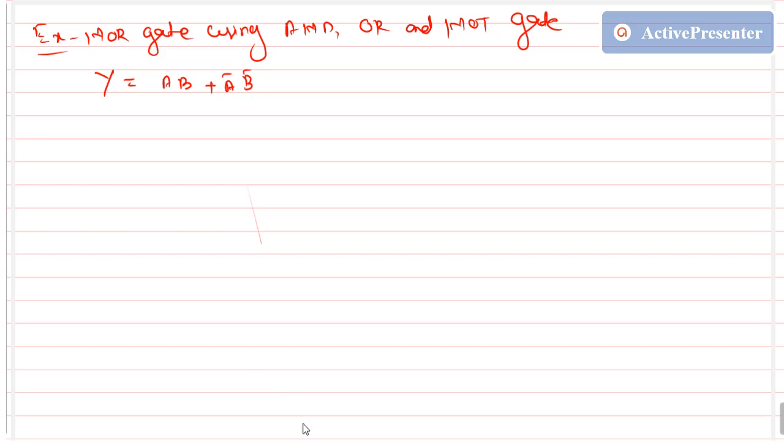So how can we get that? I will take two inputs, A and B. A and B are available to us, then I will give them to an AND gate. This will give me A into B. Now I need A bar B bar. For that I will need another AND gate, and for A bar I will connect a NOT here.